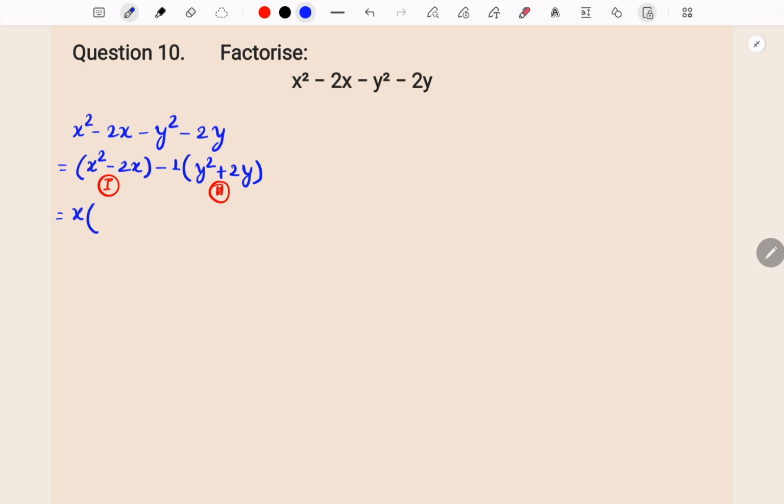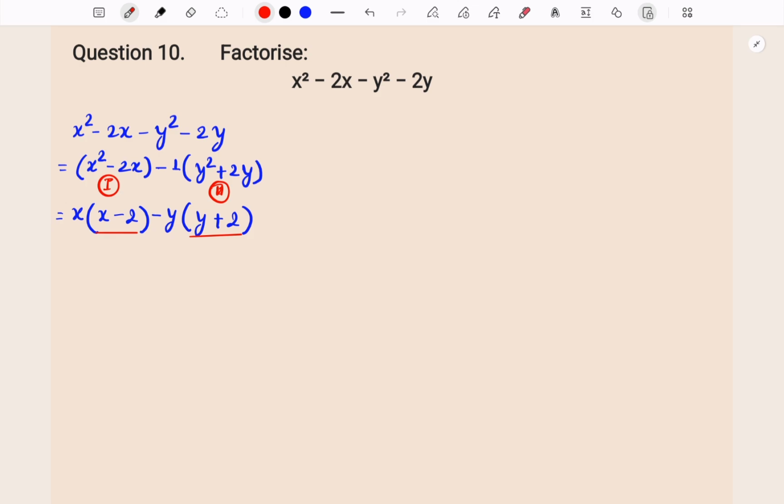If I factor out x, I will have x minus 2 here, and for the second expression, if I factor out a y, then I will have y plus 2. Here you can see clearly that I have x minus 2 and here I have y plus 2, no common factors. So we cannot proceed like this.